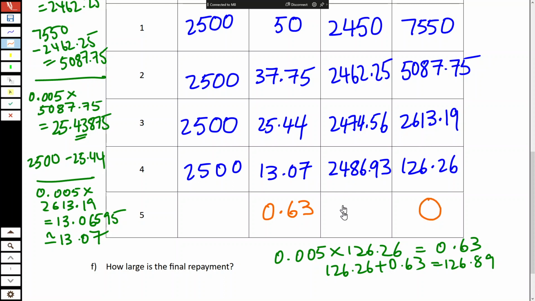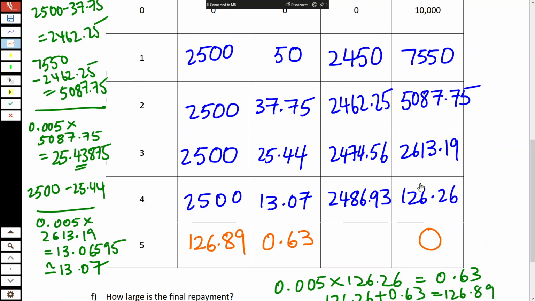And the principal reduction is like 126.56-ish, maybe. Wait, what? No, that's 126.89 as well, because that's still how much you reduced it from.